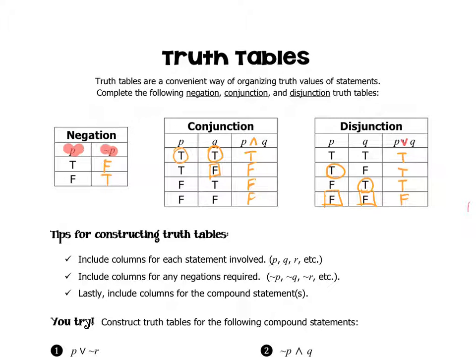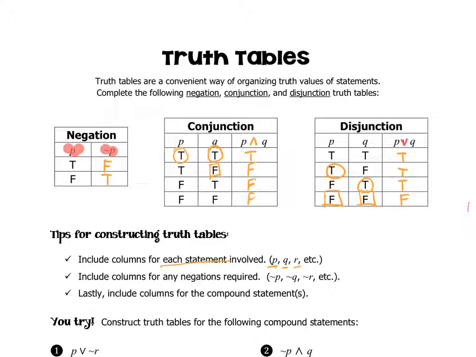We're going to do some more elaborate examples below, but just to summarize what we just learned: in order to construct a truth table, first you need to include columns for each original statement involved. In our example above, we had P and Q. In the examples below, we sometimes have 3 statements or even more.